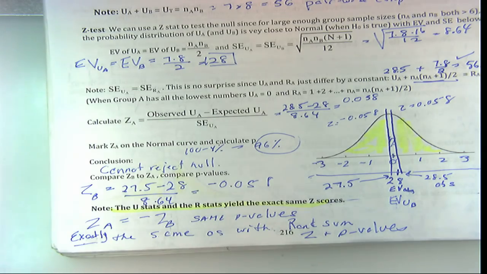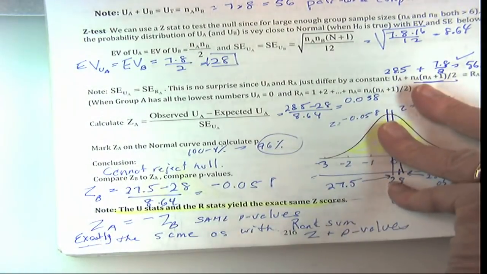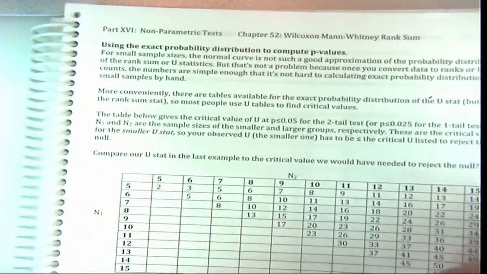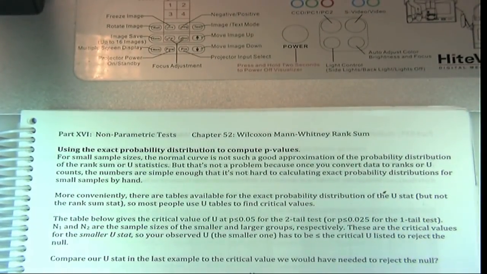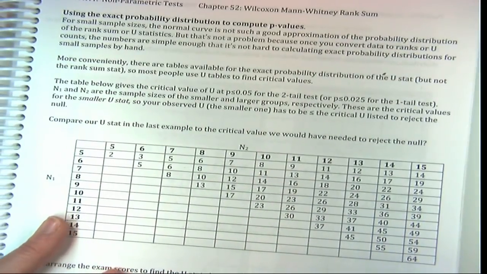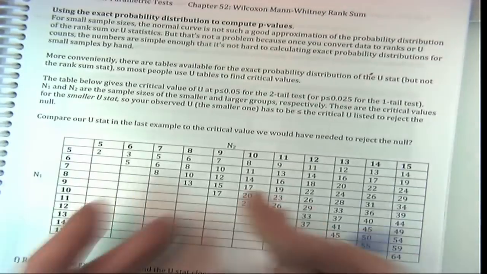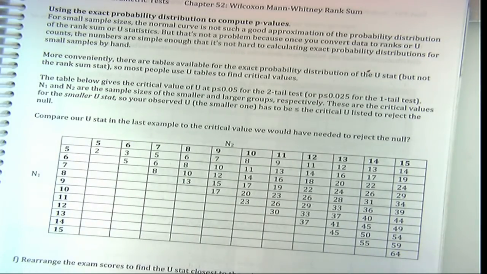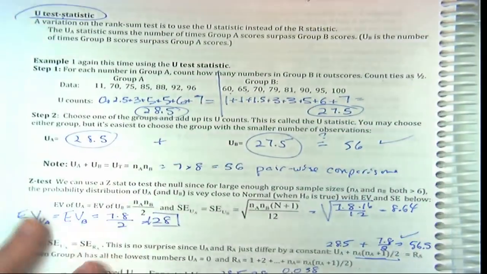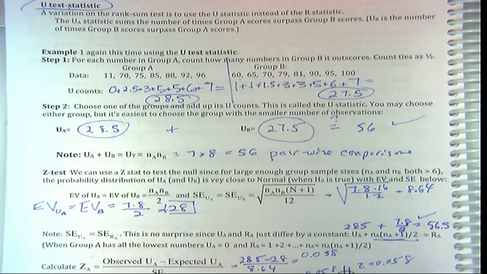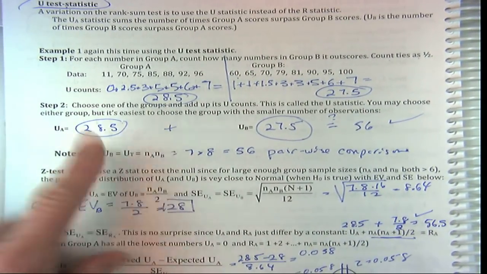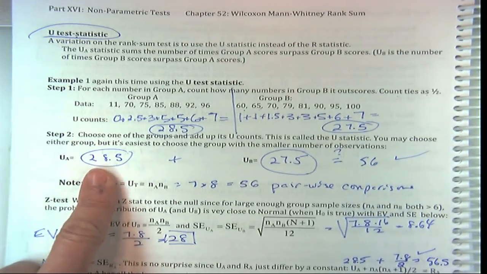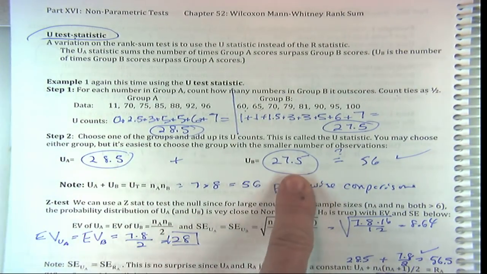I like this stuff. Now, let's say you have small sample sizes. How do you use the tables? I said the tables are always in terms of the U statistic that I've seen, most of them, and always in terms of the smaller U. You could make it in terms of the bigger U, but they usually make it in terms of the smaller U. So if we wanted to look at a table for this, it would be crazy too, because we know it's so close, but we'd look at 28.5 or 27.5.